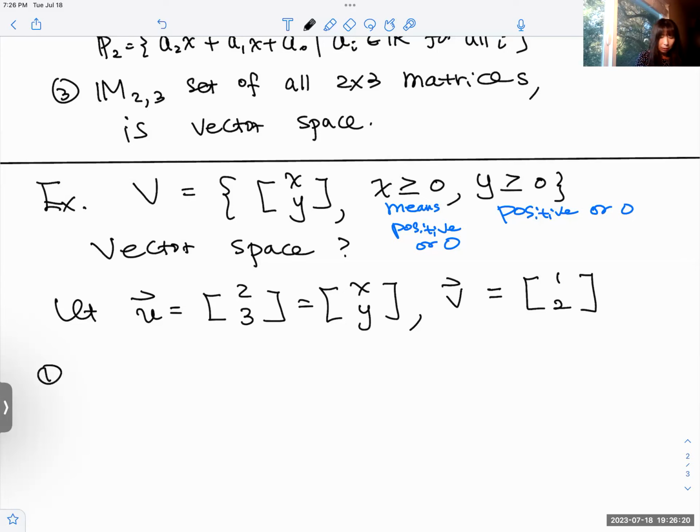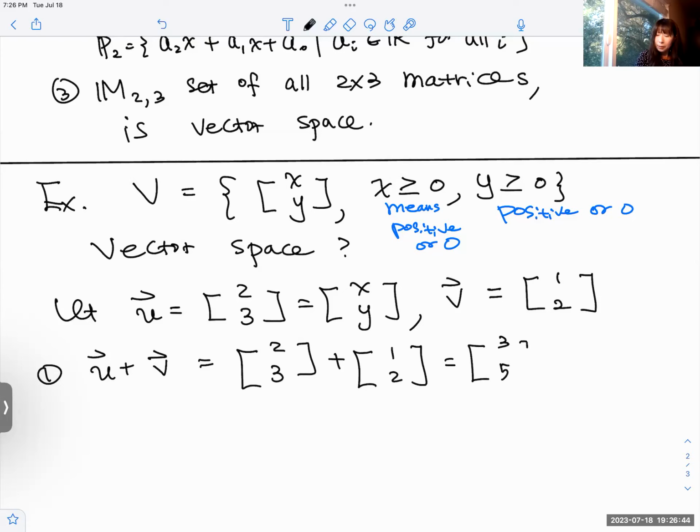Number 1: is u plus v also in the vector space? So 2, 3 plus 1, 2, what do you get? 3, 5 is also in V.